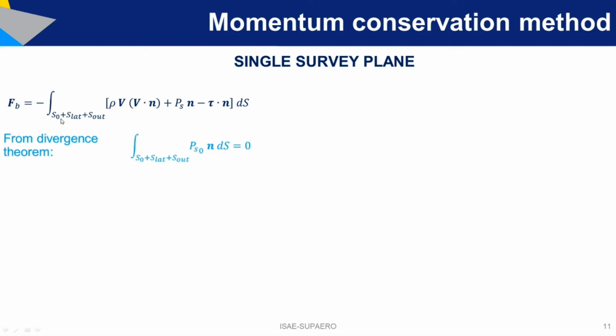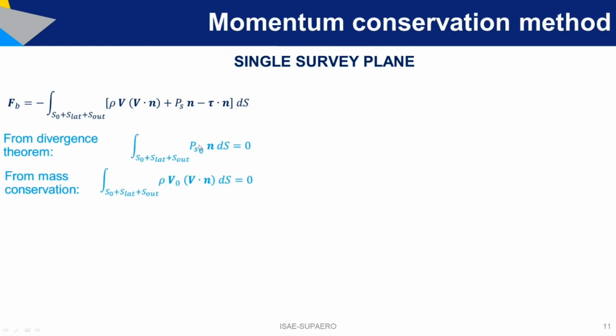First of all, we will use this equation that's derived from the divergence theorem. This is just an identity that can be demonstrated. We will use another identity that's obtained from the mass conservation. As you can see, the first term is related to the pressure and the second term is related to the velocity. And both the pressure and the velocity have the subscript 0.